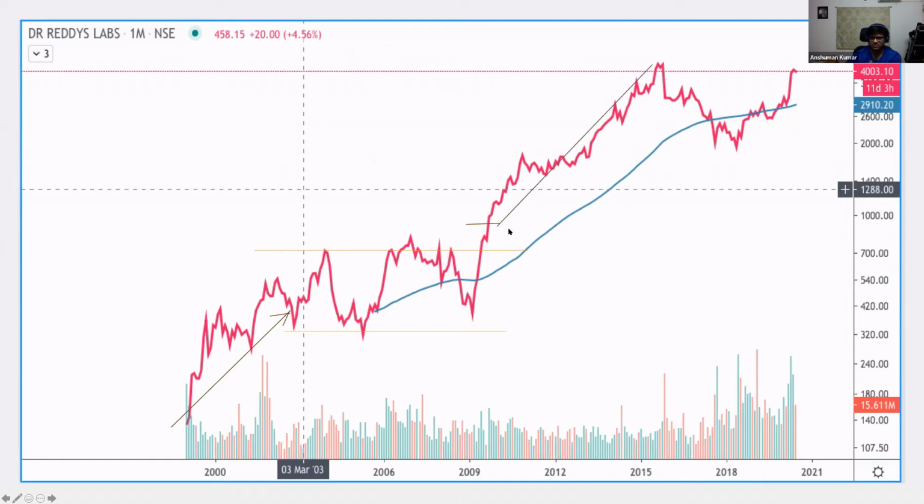You have gone straight away from about 1,000 rupees to 4,800, and prior to that, for more than 4 years, from 2003 to about 2009, this stock hasn't really been that bullish. It's gone up and down. If you bought here and you sold here, maybe you could have made some money. But look at the returns that you get once you buy it, and look at the ferocity with which it goes up. And that is classic of how the markets behave.